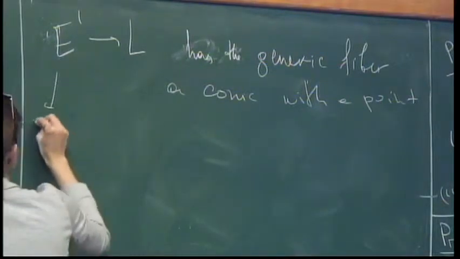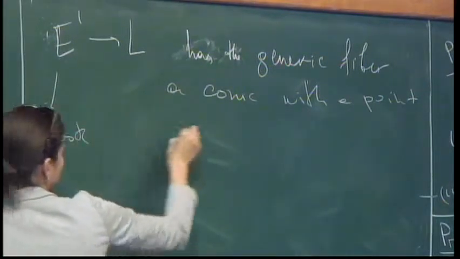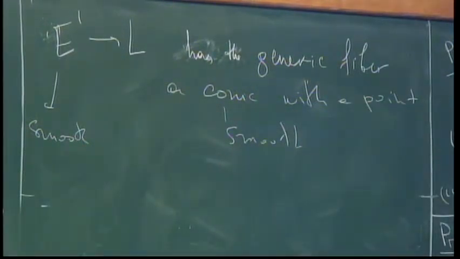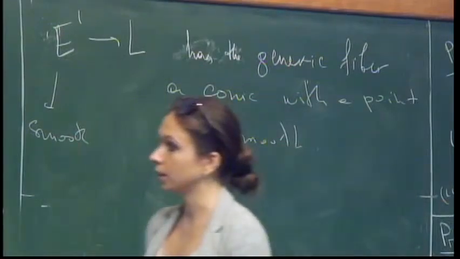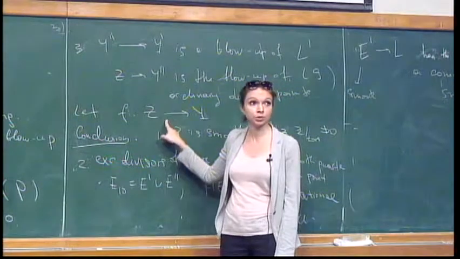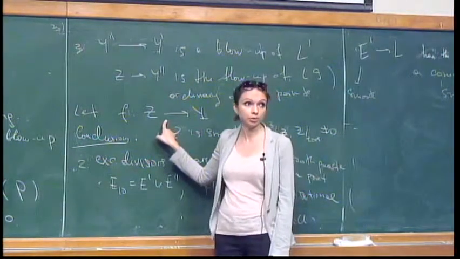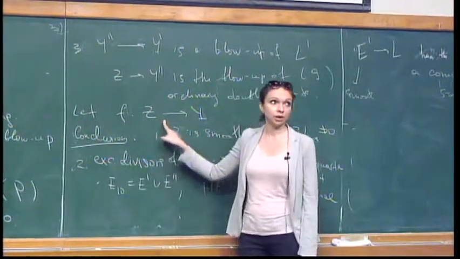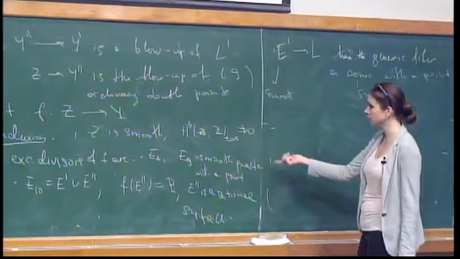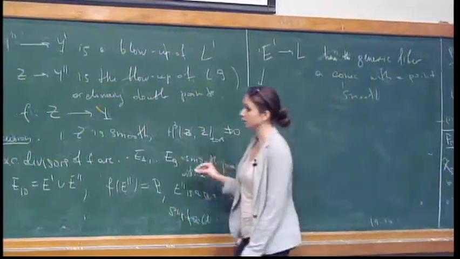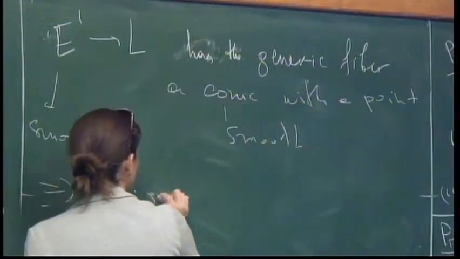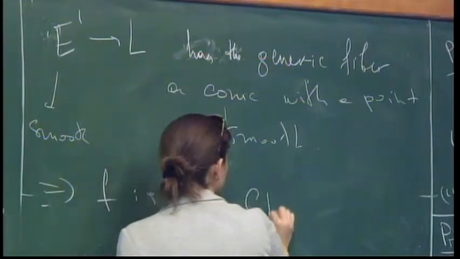This one is smooth. And the conic is also smooth. So all this just tells you that actually this map is universally CH0 trivial because of the condition on the fibers, because of the criterion I just gave last time. All these fibers are very easy, so they are rational and they have points. And so the conclusion is that F is universally CH0 trivial.